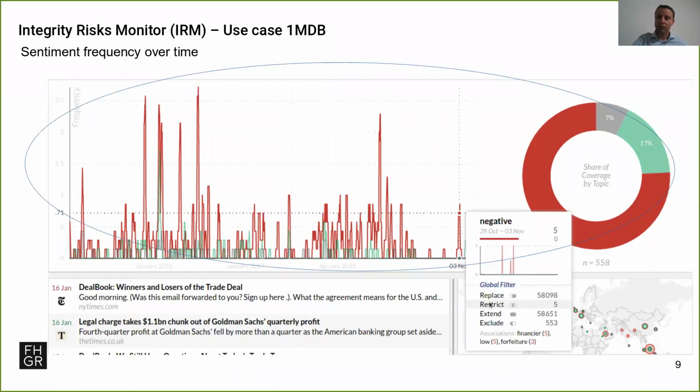For instance, you can restrict the search query to exactly these, in this case, 5 documents that are responsible for this peak. And you will get associations which show you what the content of these documents might be.